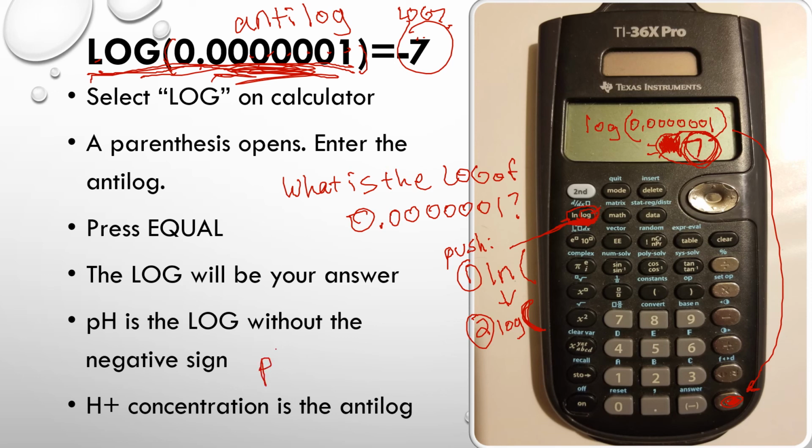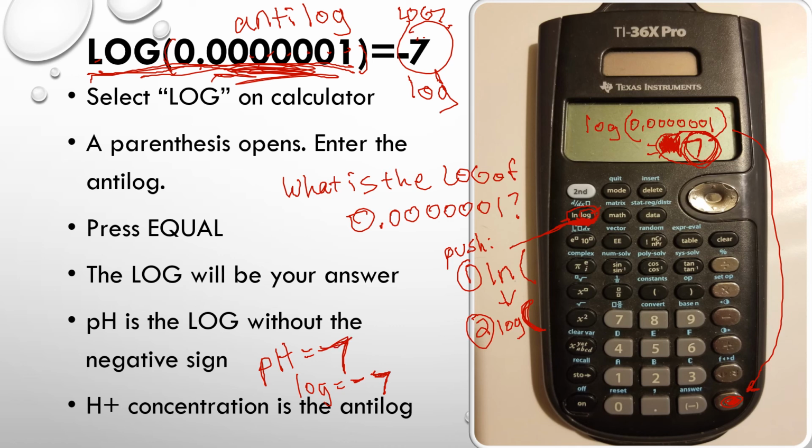So the pH is going to be 7, not -7. The log is -7, but the pH is the log without the negative sign. So that's just 7, and it's really as easy as that.